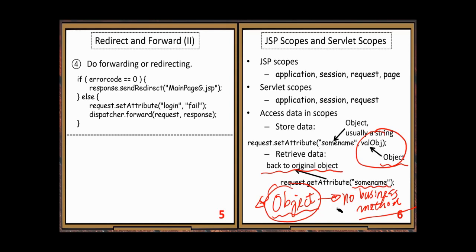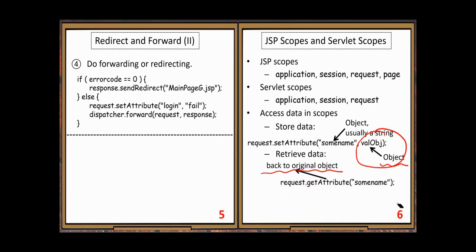That's why you have to recover to your original object type by appropriate casting. So you need to know the original object type, and put that type in parenthesis to do the casting to recover the original object. Otherwise, you cannot do anything useful. All right, so that's the second step.